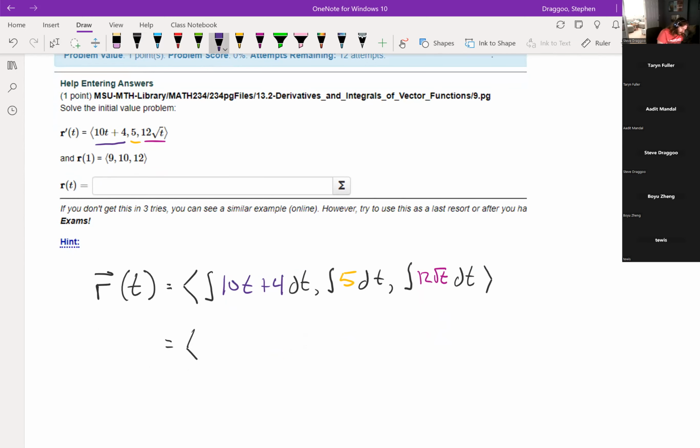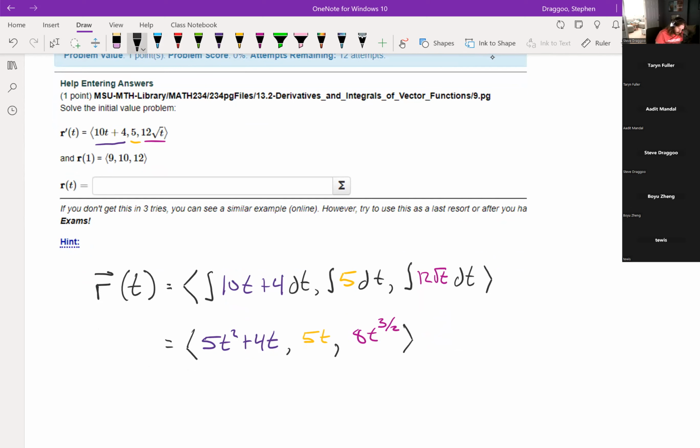So integrating each piece, this looks like 5t squared plus 4t for the x component, 5t for the y component, and then 8t to the 3 halves for the z component.